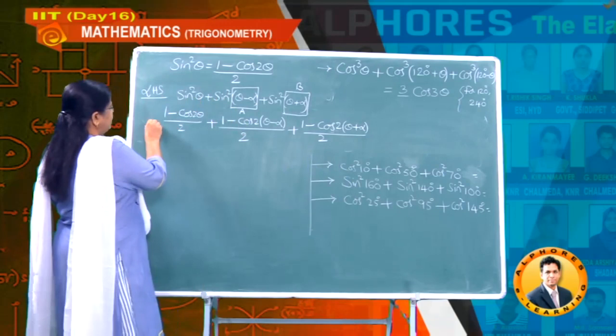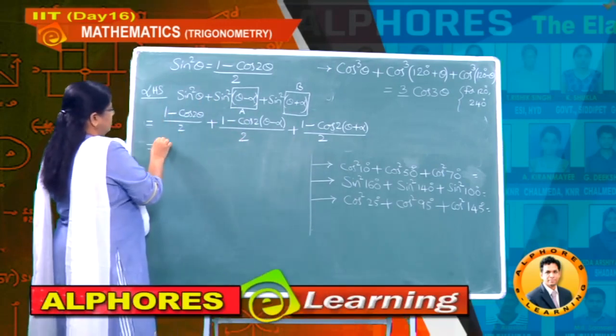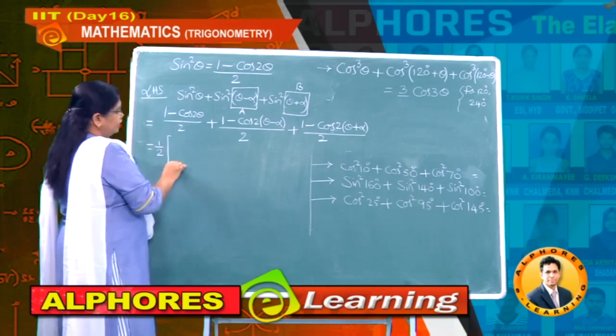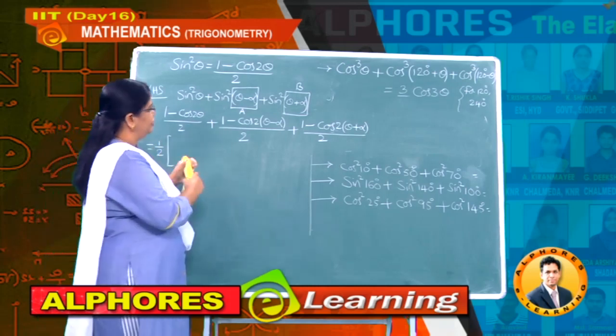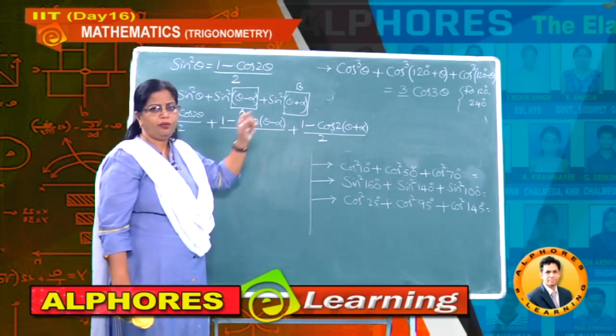So now let us separate these values, that means let us take the 2 outside. 1 by 2 I am taking outside, and now 1 plus, again 1 plus, here 1.